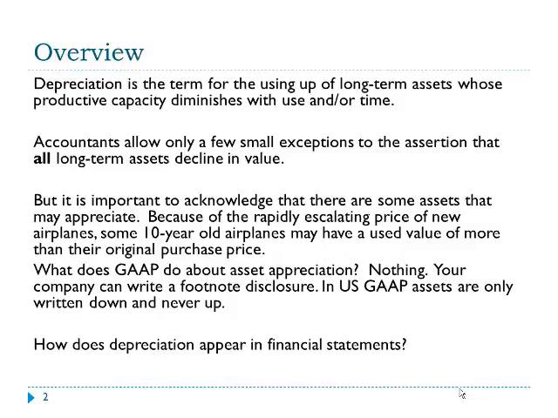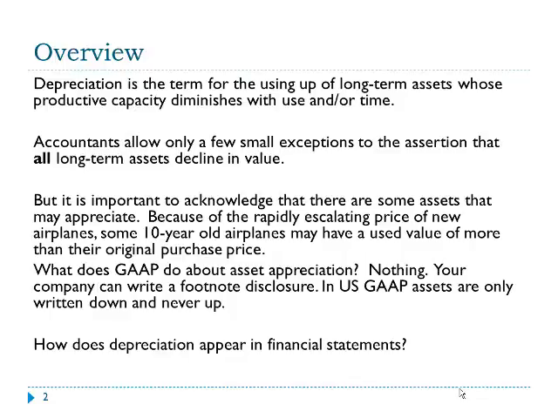Because of the rapidly escalating price of new airplanes, some 10-year-old airplanes may have a used value of more than their original purchase price. What does GAAP do about asset appreciation? Absolutely nothing. Your company can write a footnote disclosure about it, but in U.S. GAAP, assets are only written down and never up.